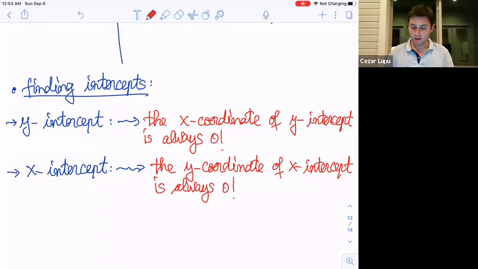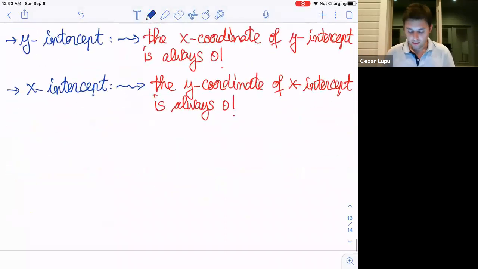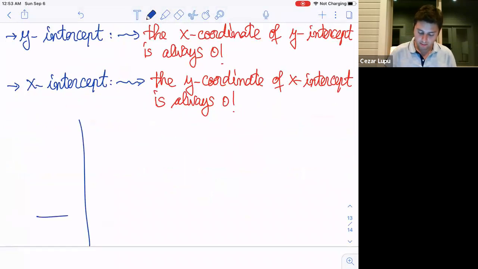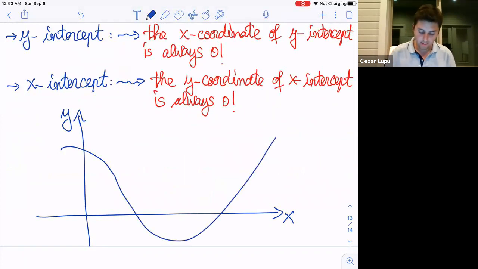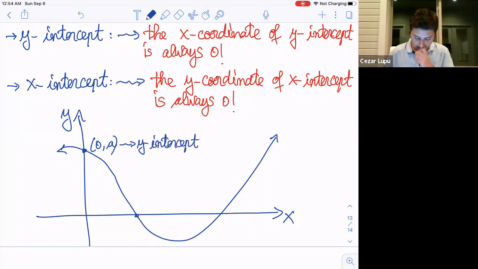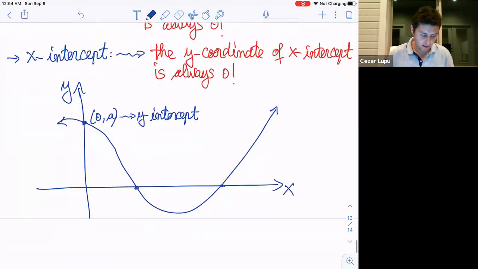Okay. Now let me draw a graph, and I'm going to draw it in the following way. Okay, this is my function. As you can see, it will intercept here. This is the y-intercept, coordinates 0, a, let's say. So this is the y-intercept. Again, it will intercept at these 2 points, and these will be the x-intercepts.